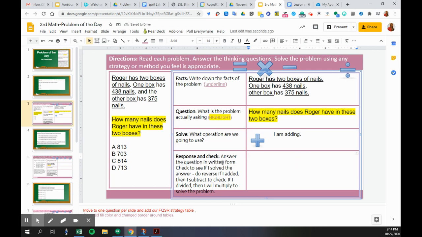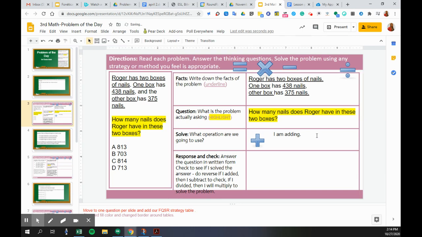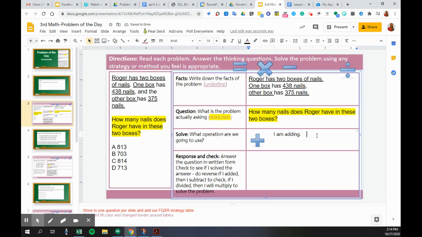Response and check. Answer the question in written form. Check to see if I solved the answer, do the reverse operation, and then subtract. So I'm adding 438 plus 375.